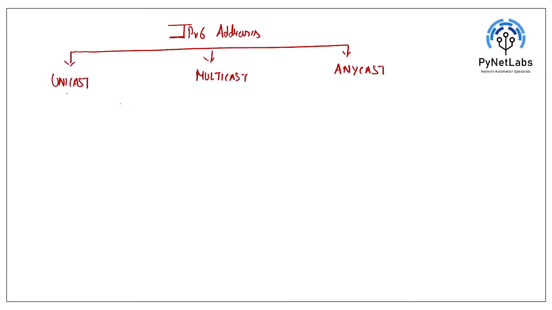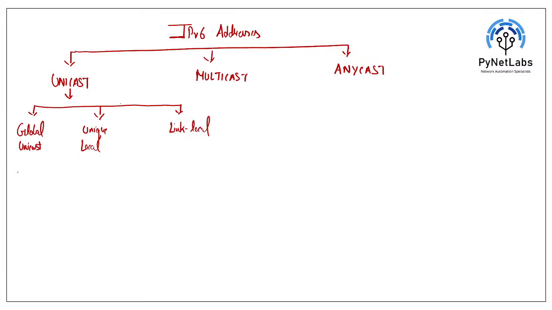In the unicast category, we discussed that there were three types. The first one was your global unicast. The second one was your unique local. And the third was your link local.